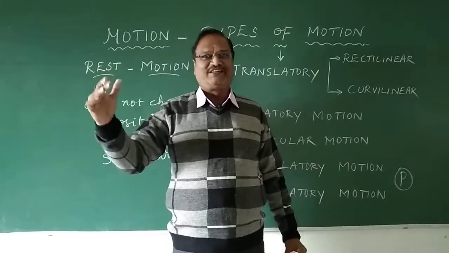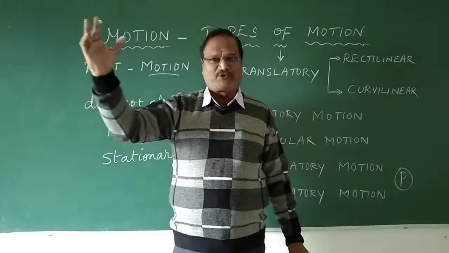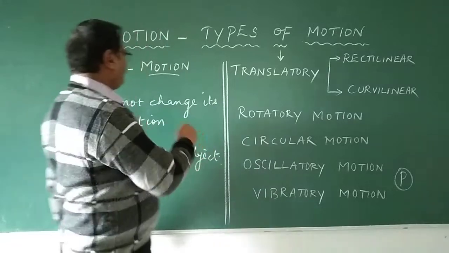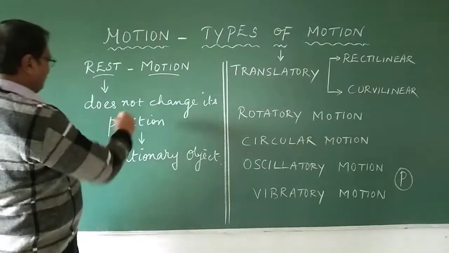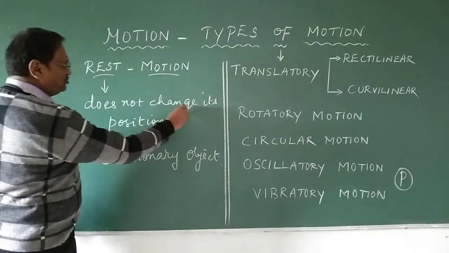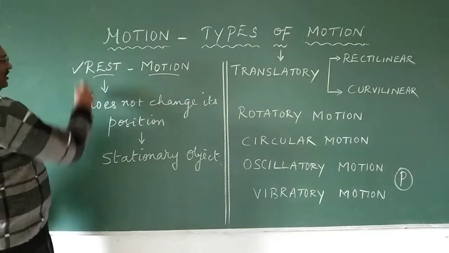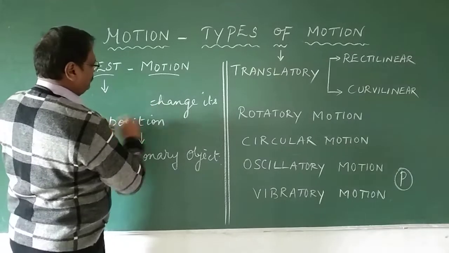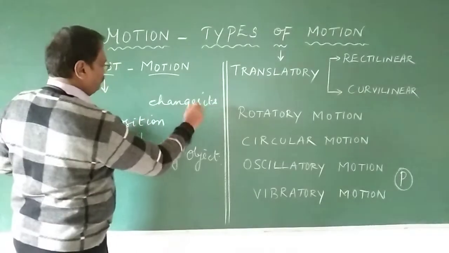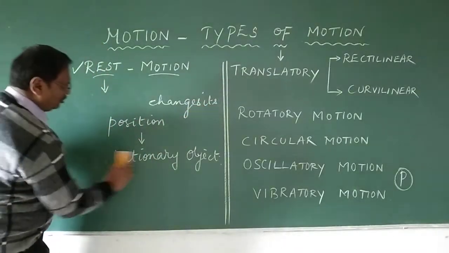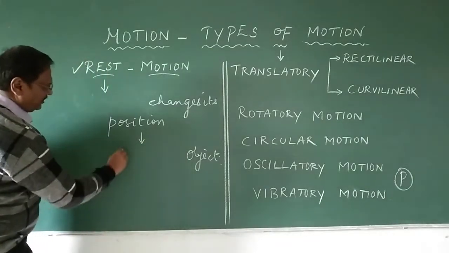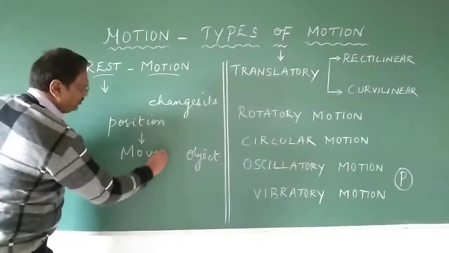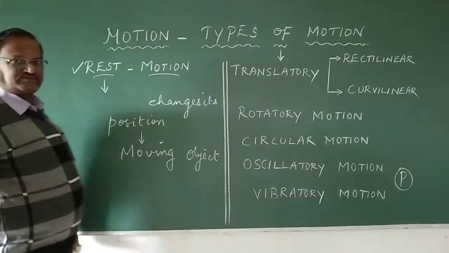When it is moving, the body is changing its position, and that is called motion. The body changes its position, and that is called a moving object, the object which is changing its position.